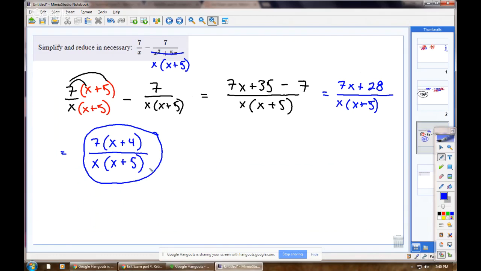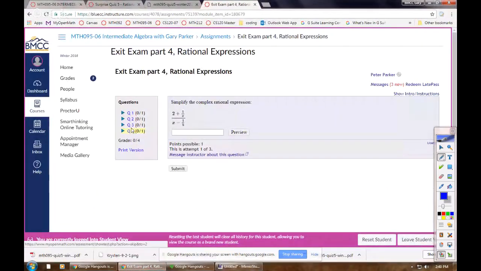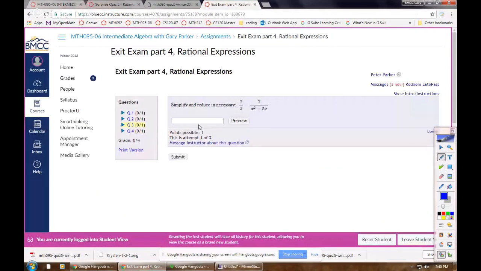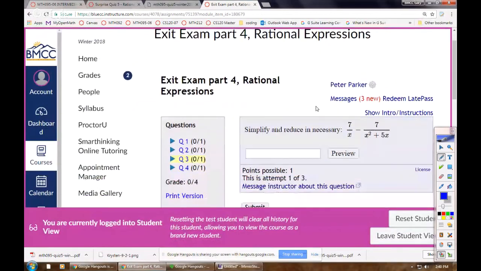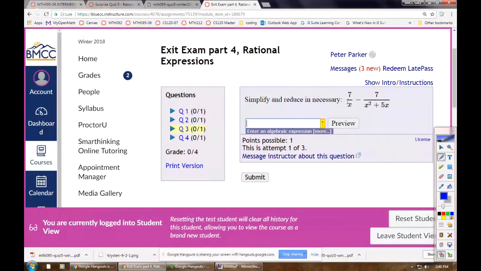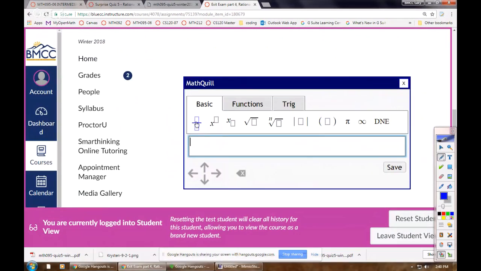Now, just a note on typing that into the computer, because that can be a little bit tricky. Let's find that one. That was question number 3 here. And you can't really blow it up too much more than that. Anytime you have something complicated, I highly recommend using the equation editor. So I can say I have a fraction.